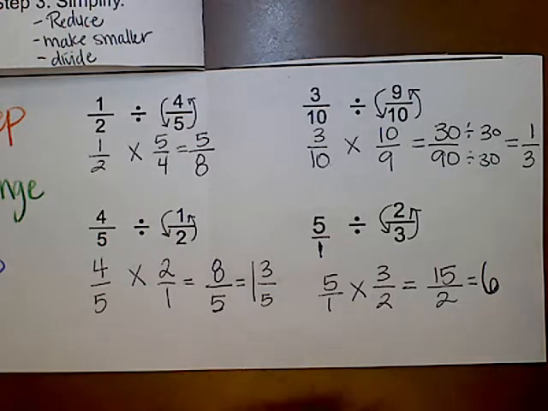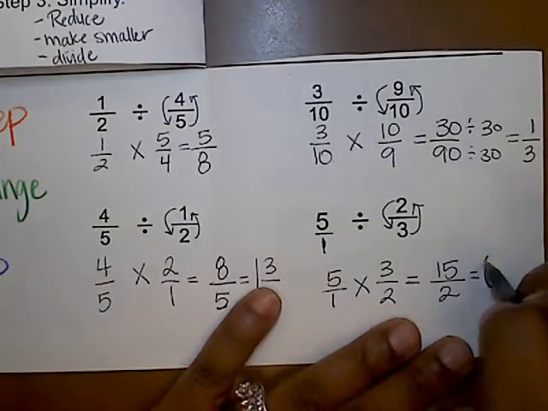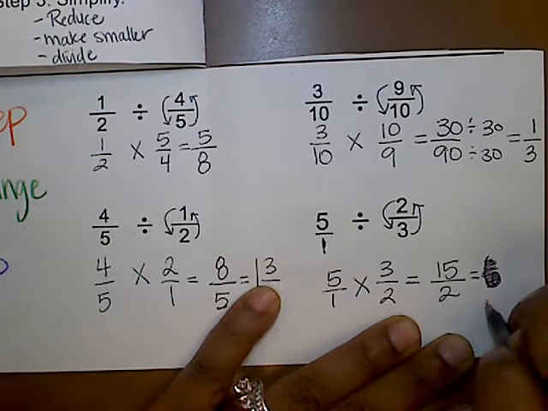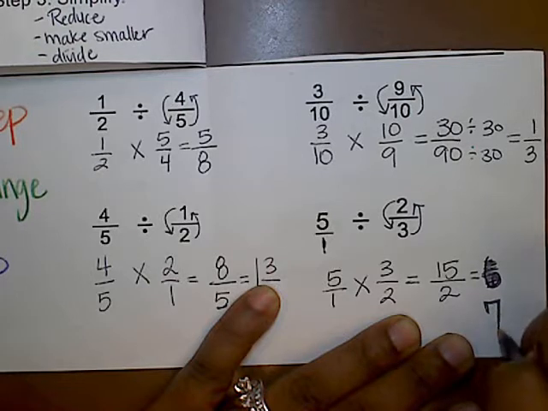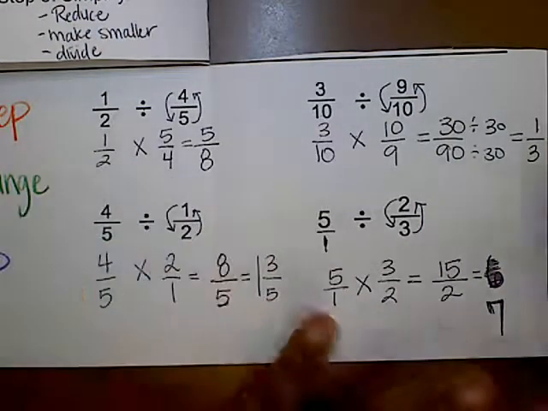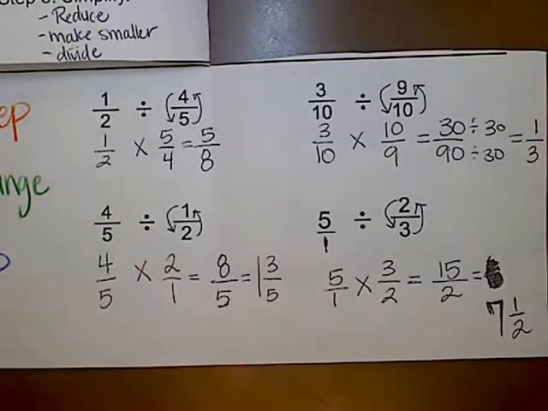So 15 minus 12 would give us 3. I'm sorry, it was 14 because this is 15. So, excuse me, I'm going to change this. A little math mistake. So it's 7 because it is 14. And there's going to be 1 left over 2. There we go. So please correct that.